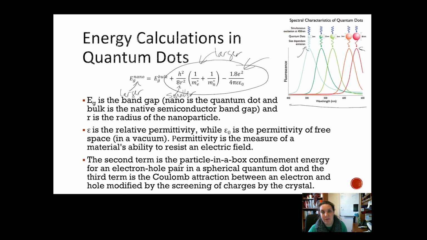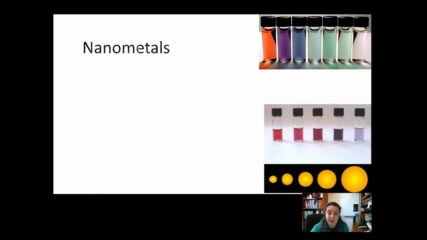Most of those other terms are unimportant for our general understanding. What we want to know is that as we decrease the size of our nanomaterial, we're going to increase the size of our band gap. And if we think about this in terms of molecular orbital theory, we have fewer orbitals that are overlapping, so they're going to spread out a little bit.